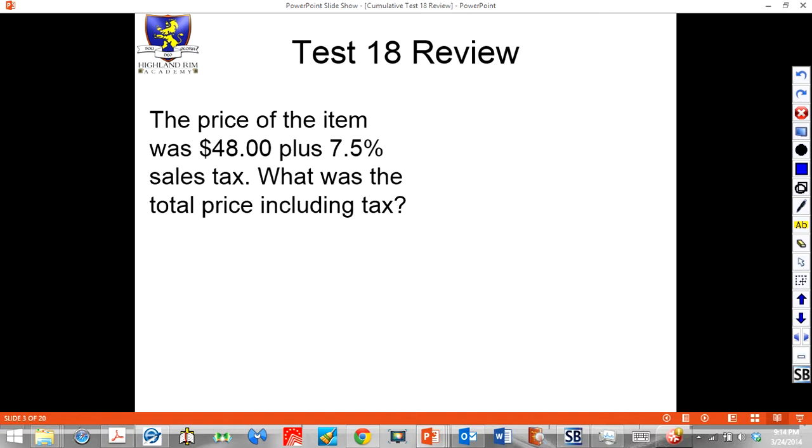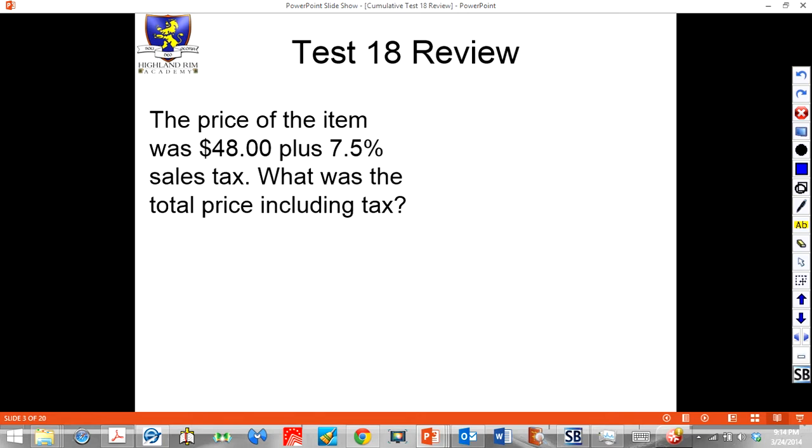The price of an item was $48 plus 7.5% sales tax. What's the total price? Keep in mind, it's got to end up being more than $48. So you can say it's $48 plus 7.5%, or 0.075 times $48.